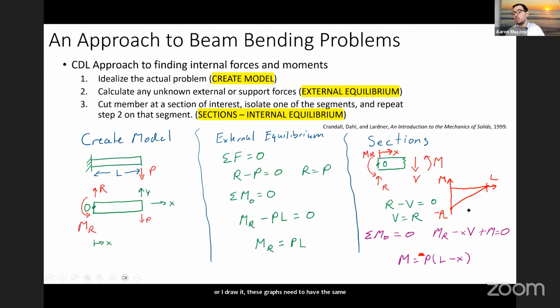So it's important. Another thing to point out is these negatives and positives are going to be independent of the directions I selected for my external loads from constraints or otherwise.